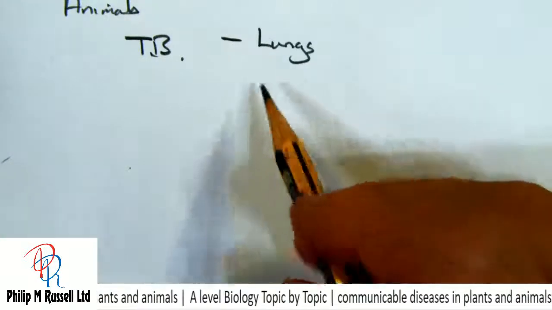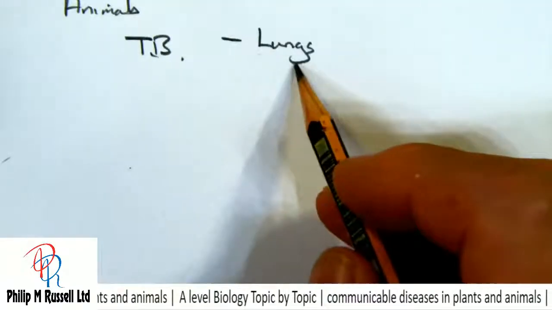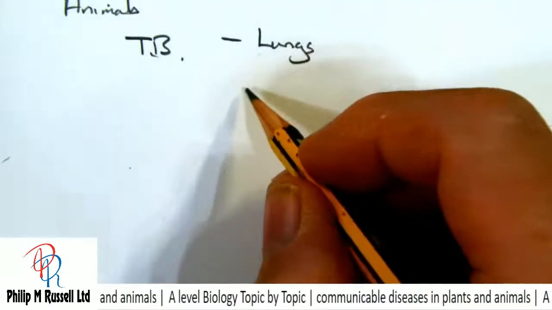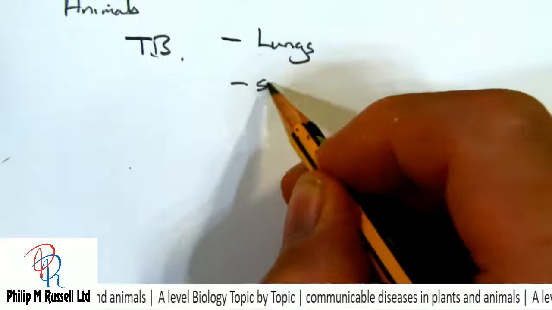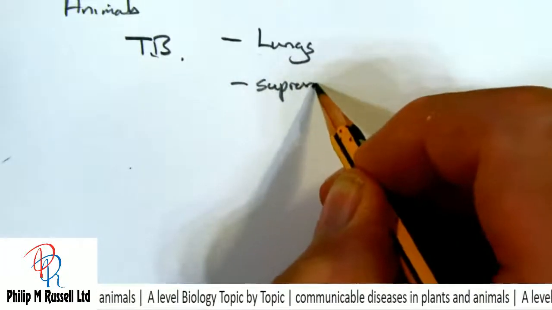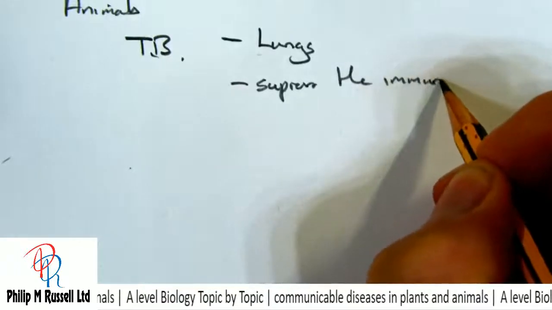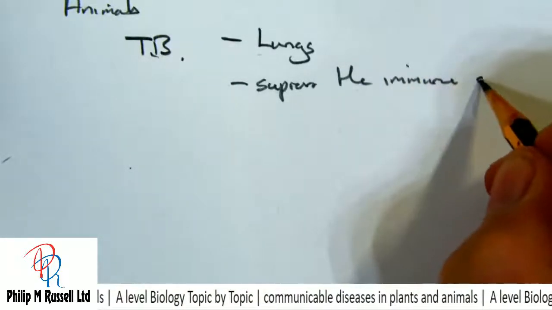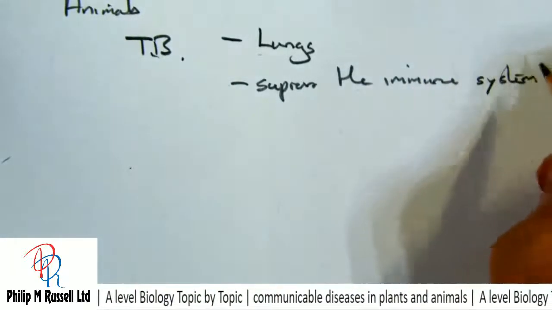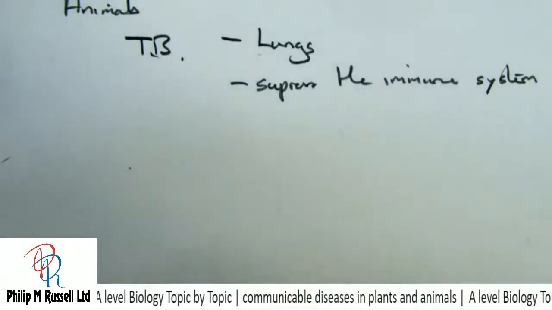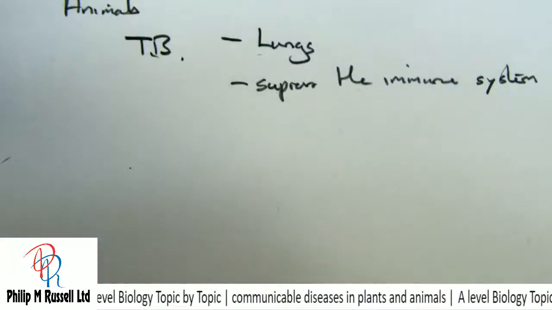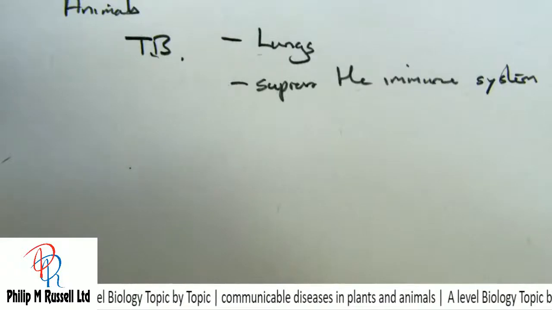And TB, as well as damaging the lungs, basically it suppresses the immune system. And doing this means that you can't fight off other diseases.